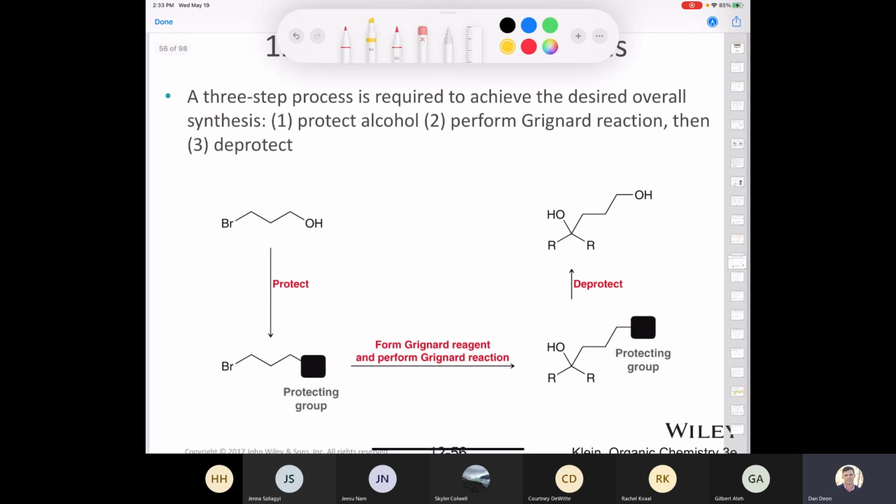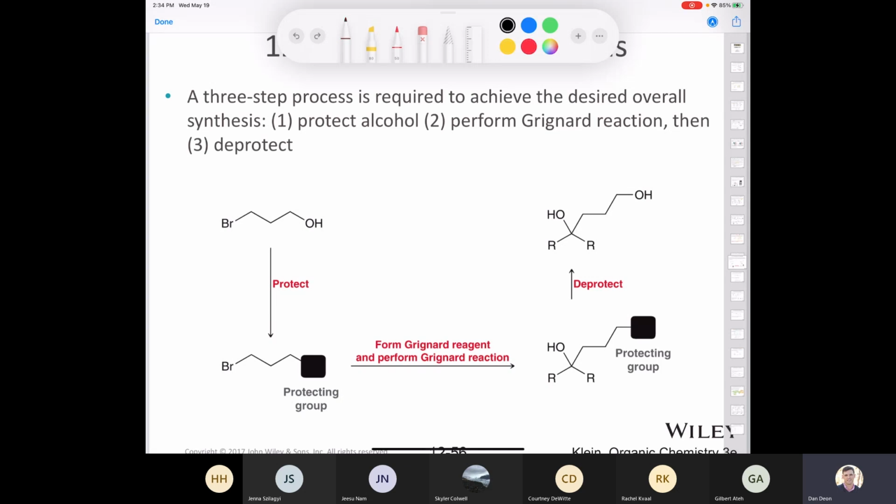What if we did this hypothetical, or this isn't as hypothetical because this we can do, but let's say we tried this. What if we could take that hydroxyl and in some way we could cover it up? Right here they've covered it up with just a black box. But let's say there's some kind of reaction that we could do to render that alcohol unreactive, then we could form the Grignard reagent, couldn't we? Right?